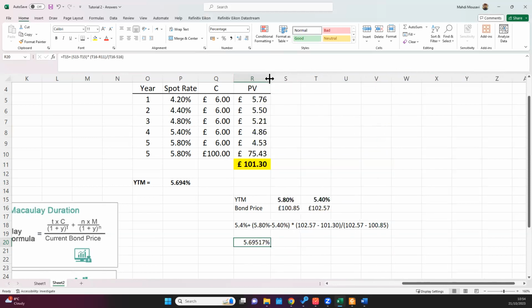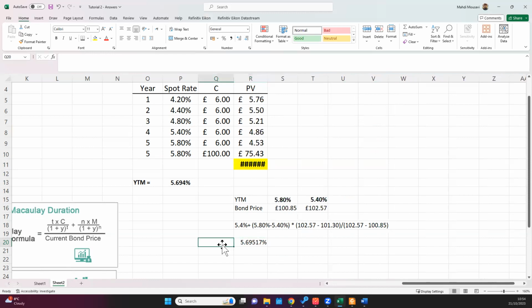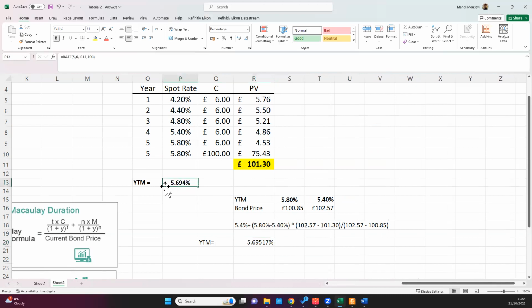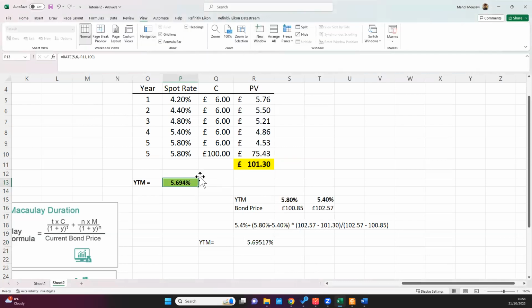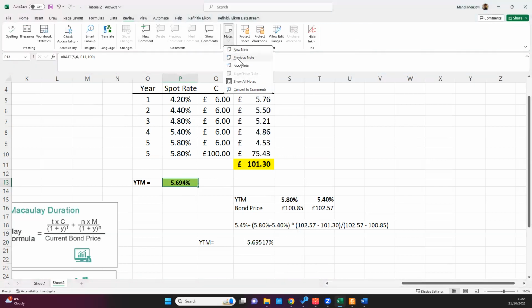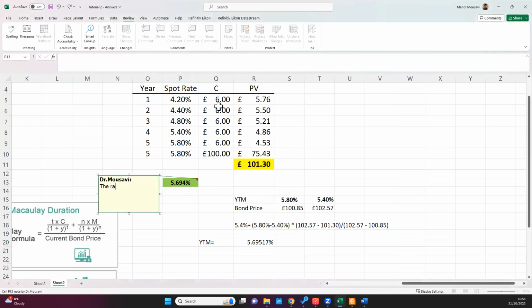So that will be the yield to maturity, estimated yield to maturity using interpolation approach, which, as you can see, is very close to what Excel suggests. So this is the Excel rate. So I'm going to put a note here. This is the Excel rate, estimated by Excel, which is very accurate.